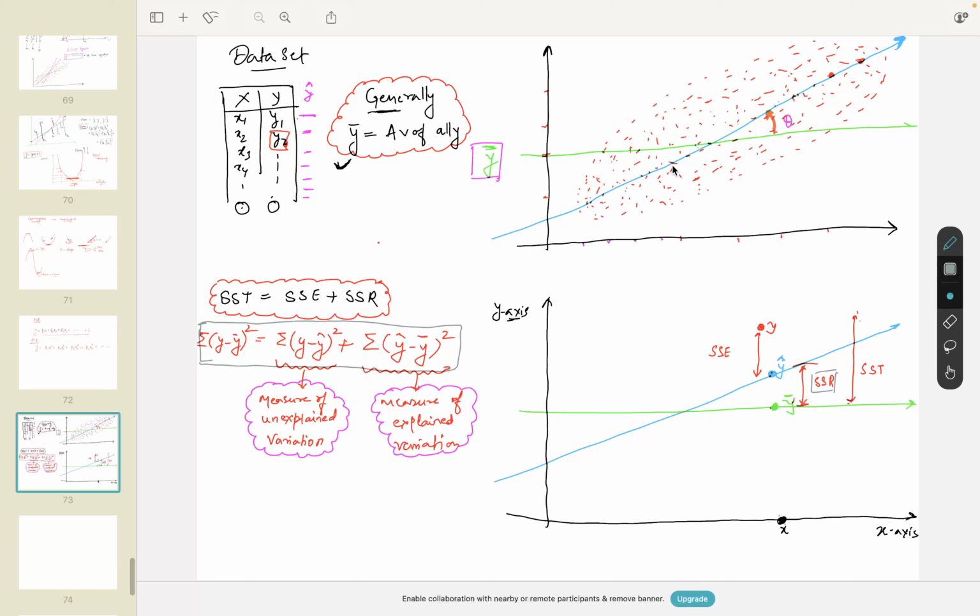That's why we are not able to completely reduce the error, and that's why it is known as unexplained variation. Theoretically we are able to explain it, but practically we are not. Able to understand?